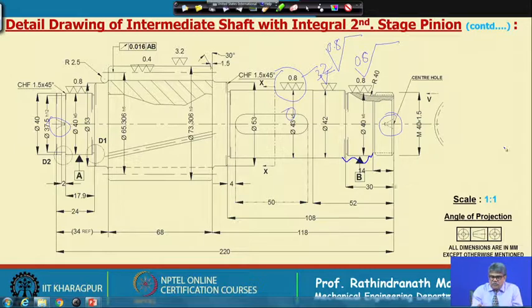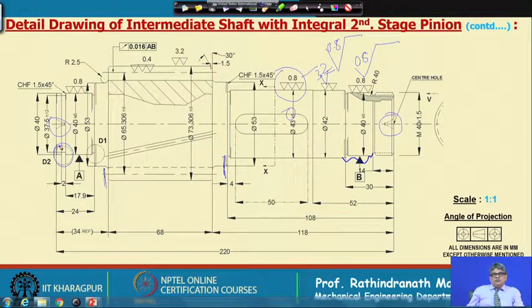He will cut this one and then gradually finish this and reach here. Then he has to look at the other side. Similarly, on the other side he will cut up to this point. The dimensions are given in that way. And as you find here, there will be a groove for a circlip. If you remember, we have used the circlip there.